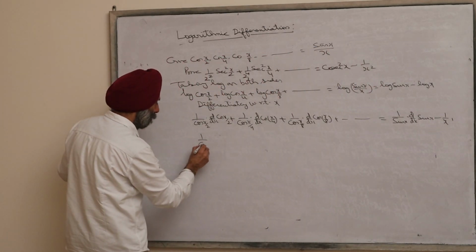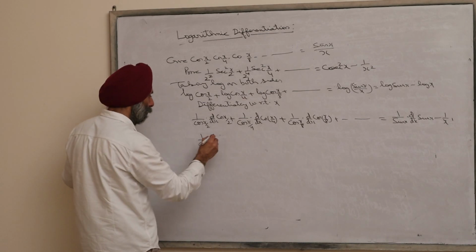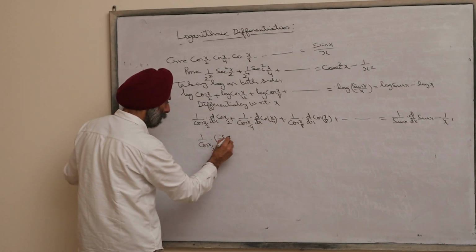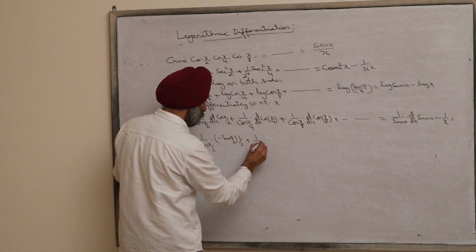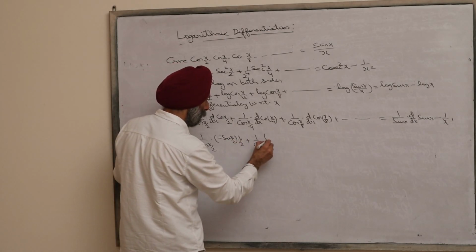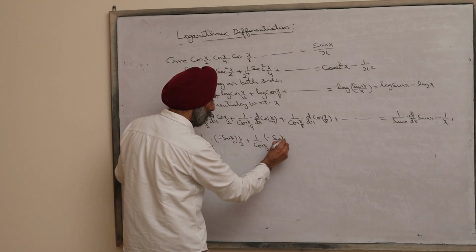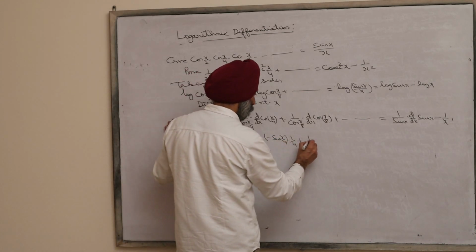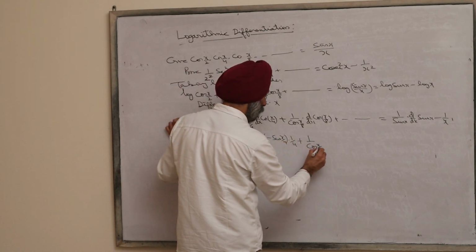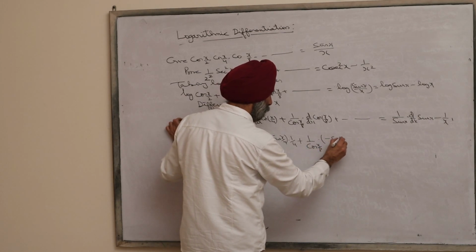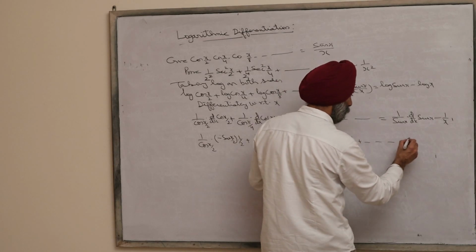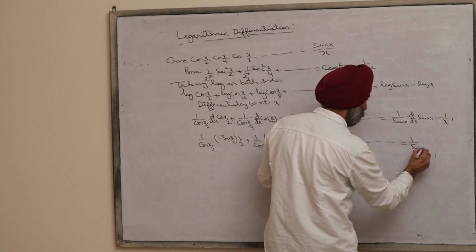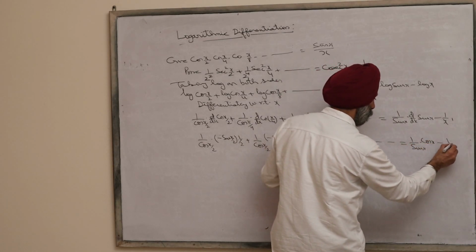So it is 1 over cos x by 2 into minus sin x by 2 into 1 by 2, plus 1 over cos x by 4 into minus sin x by 4 into 1 by 4, plus 1 over cos x by 8 into minus sin x by 8 into 1 by 8 and so on, is equal to 1 over sin x into cos x minus 1 over x.